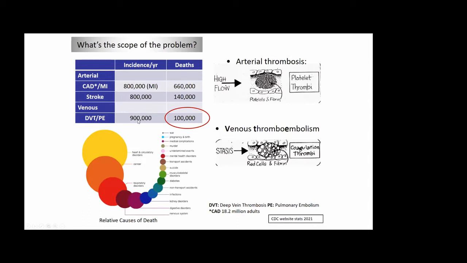So a little under 1 million episodes of VTE occur in the United States a year, of which about 100,000 were fatal.